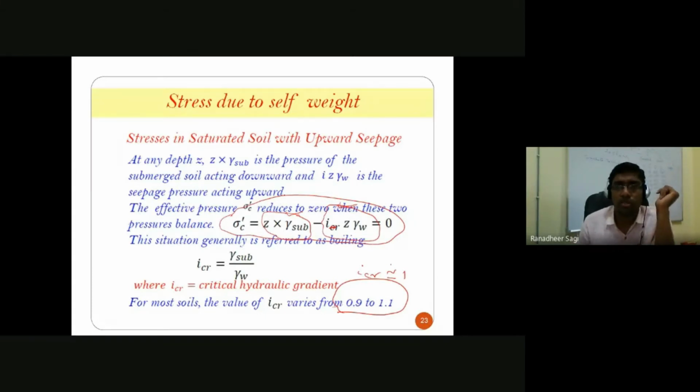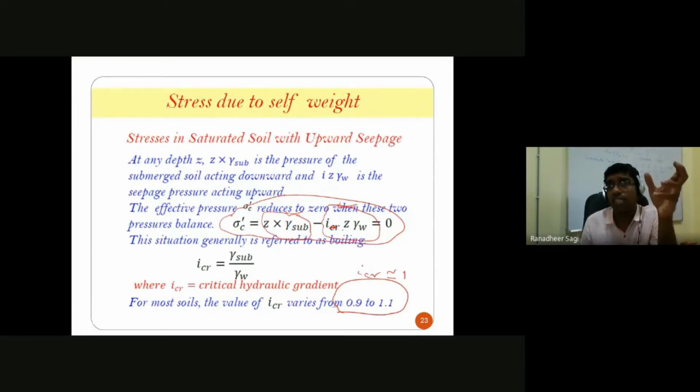In this general expression, i into z into gamma w is nothing but what we call seepage pressure. Or rather, I can also refer to it as seepage force per unit cross-sectional area of the soil sample. How much is the seepage force acting per unit cross-sectional area of the soil sample?